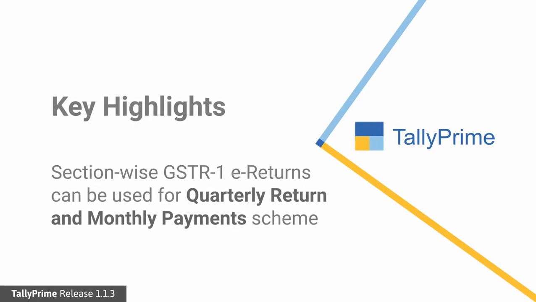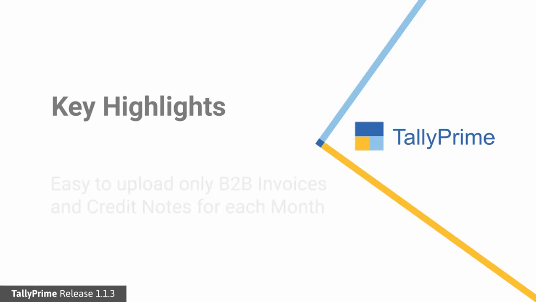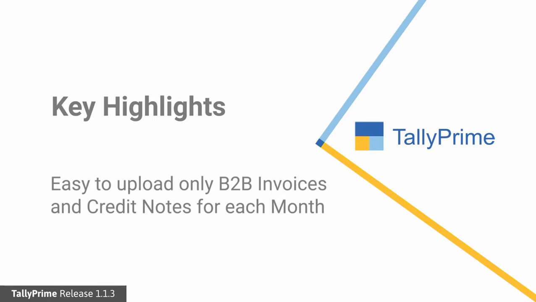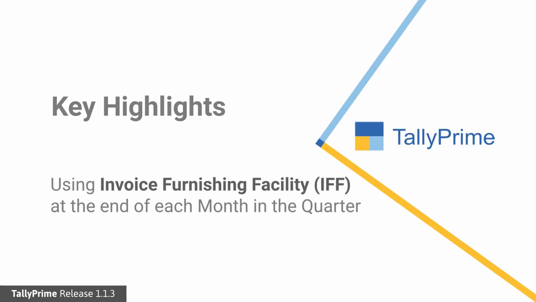monthly payment scheme. As per this scheme, the dealers filing quarterly returns can choose to upload B2B transactions on a monthly basis. An invoice furnishing facility is provided on the GST portal to upload B2B transactions for each month of the quarter on or before 13th of the following month.